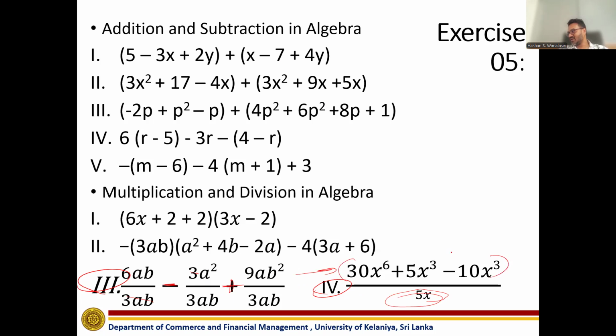Check whether you can get this as 5x, and then you can solve it. Right? Take 5 minutes and do these 3 and 4 and put the answers on chat. And if you have any question, you can ask.